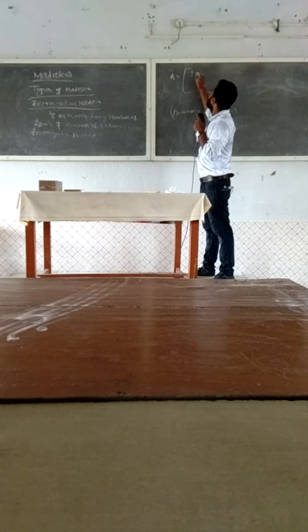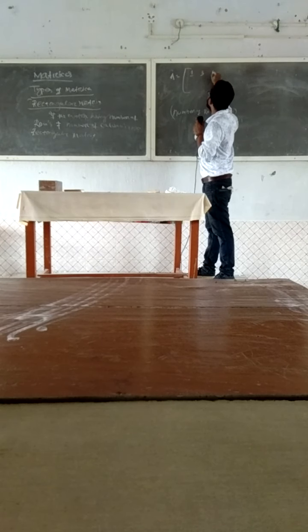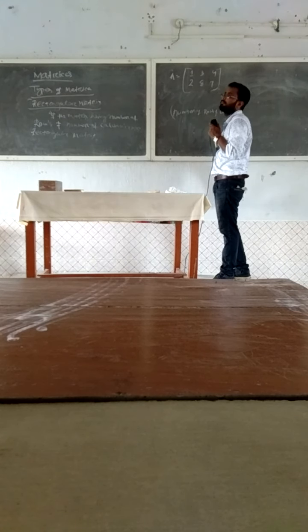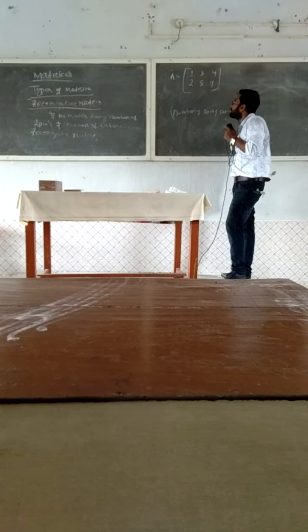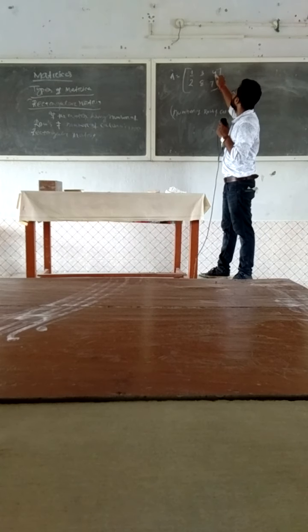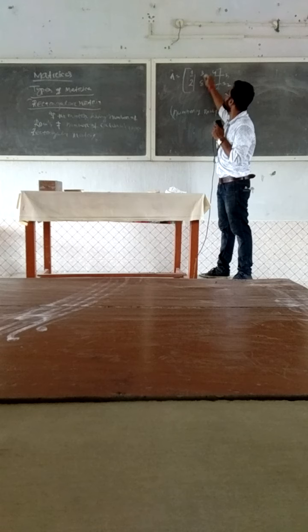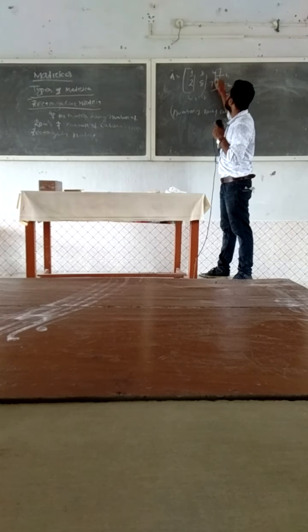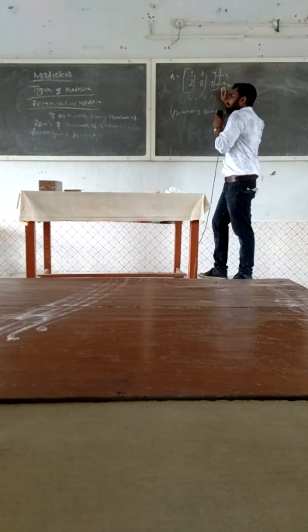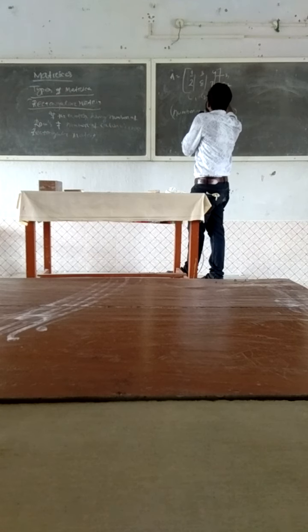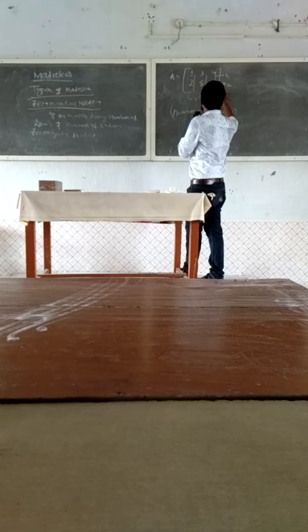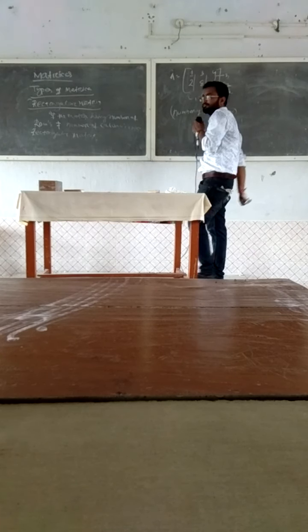So 1, 3, 4, 2, 8, 7. This is an example of a rectangular matrix where there are 2 rows, row 1 and row 2, and 3 columns, column 1, column 2, and column 3. So this is an example of a rectangular matrix having order 2 by 3.